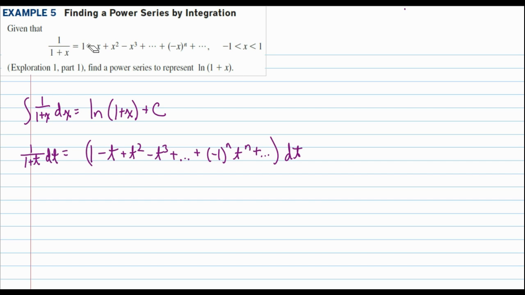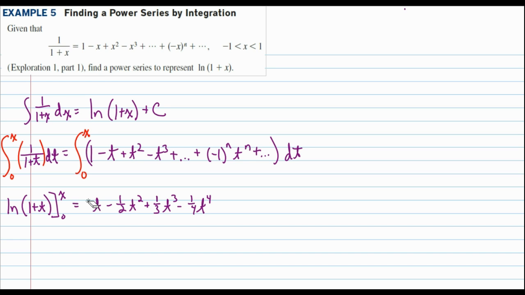So I'm going to start out with that statement in terms of t, and I'm going to integrate both sides of that statement from 0 to x. On the left side I'll have the natural log of 1 plus t evaluated from 0 to x. So there's where I'm going to find the power series for the natural log of 1 plus x by integrating the right side, this power series.